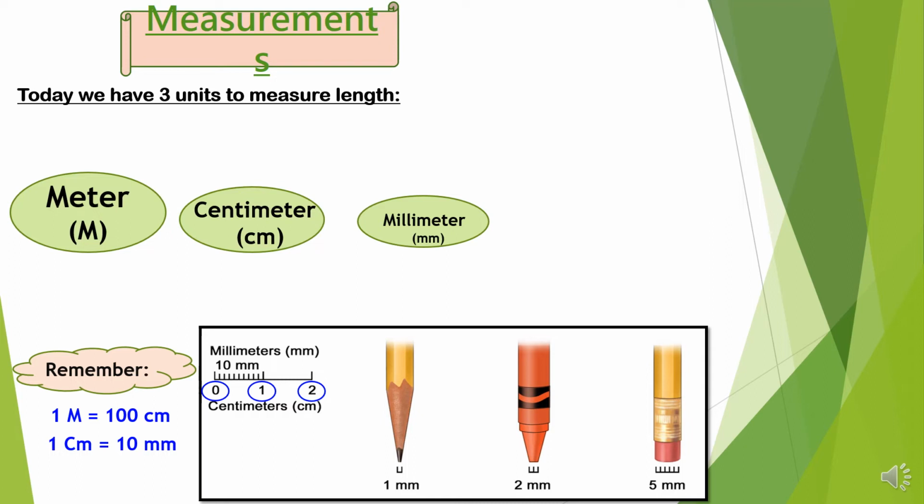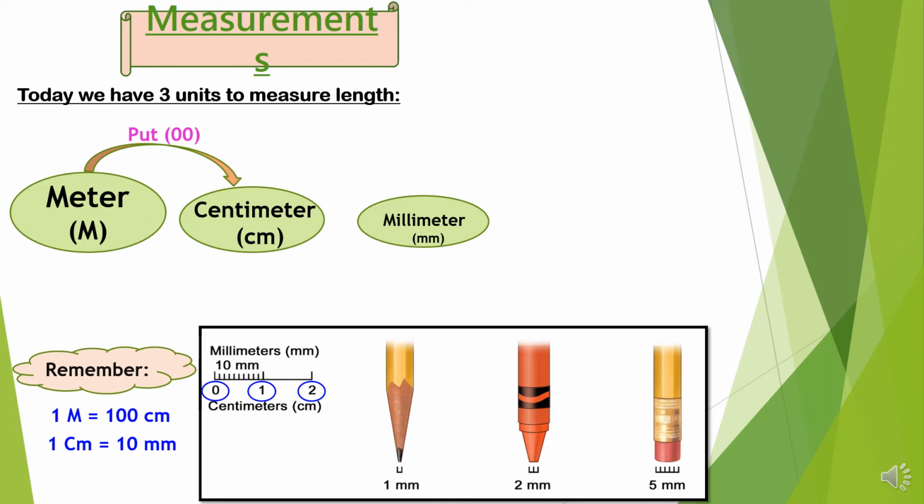And don't forget, we studied before, 1 meter equal 100 centimeter. You need to memorize it and don't forget. So if we want to convert meter to centimeter, we will put 2 zeros because 1 meter equal 100.